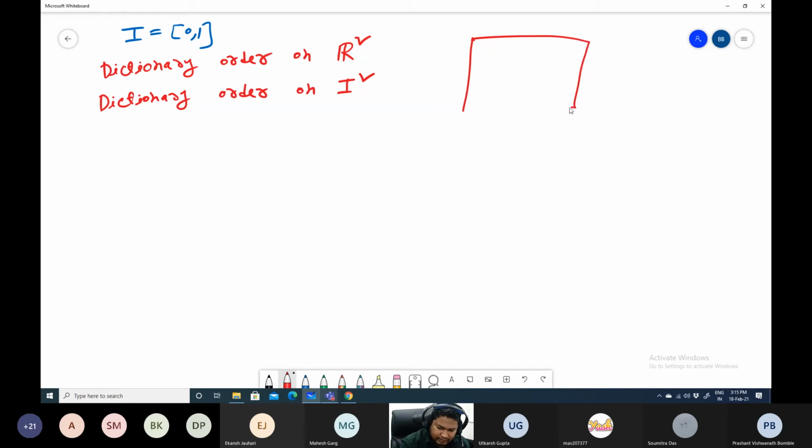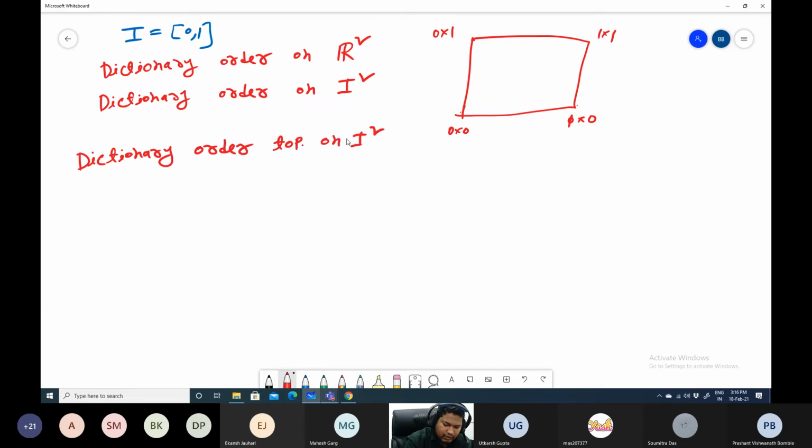I2 means the unit square. So this one. Okay. Now what about this? The dictionary order topology on I2. What about this and this one?